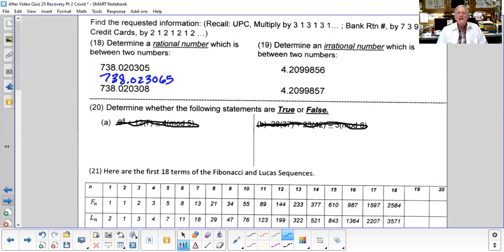We want an irrational number between these guys. So let's see. If I add them together and divide by 2, I would get this. There's a 0 I could put there, a 0 I could put there without changing the value of the original numbers. That number is right between them, but it's rational.